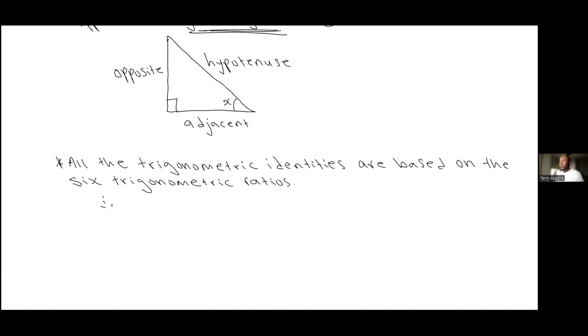So number one is sine, number two is cosine, number three is tangent, number four is cosecant, number five is secant, number six is cotangent.